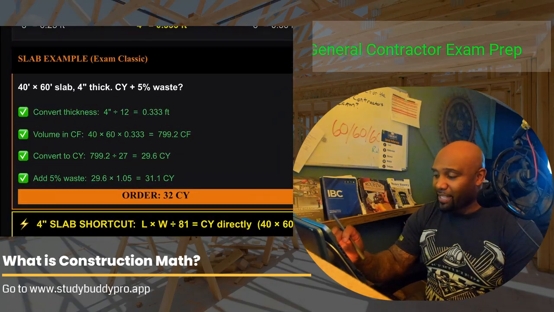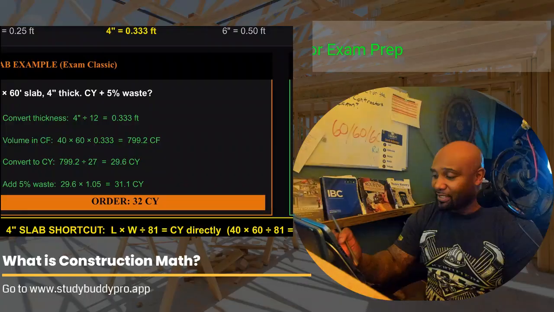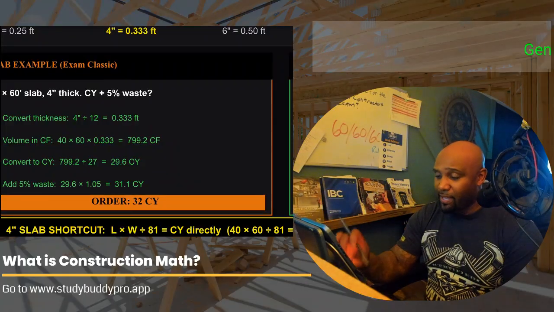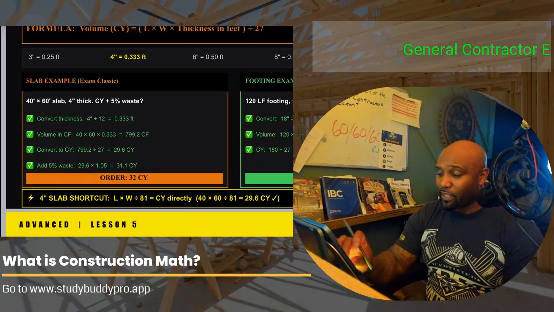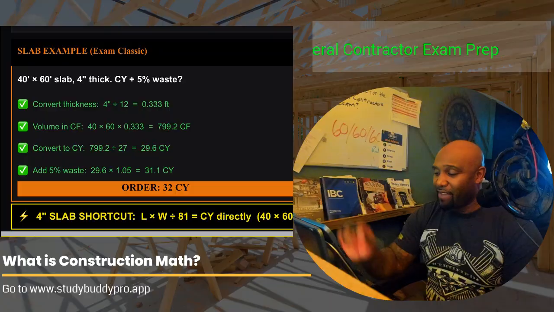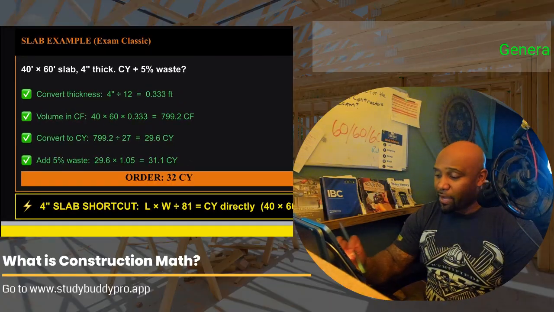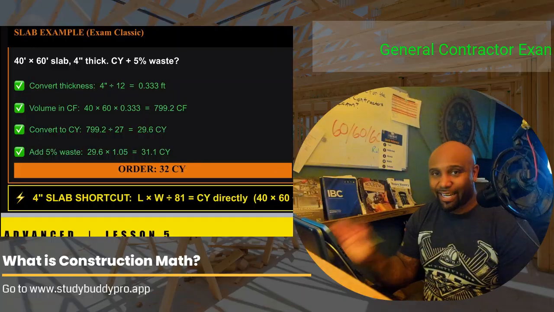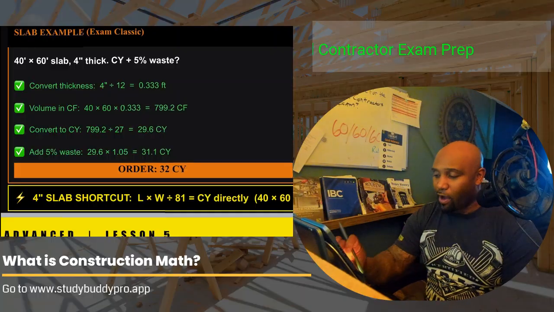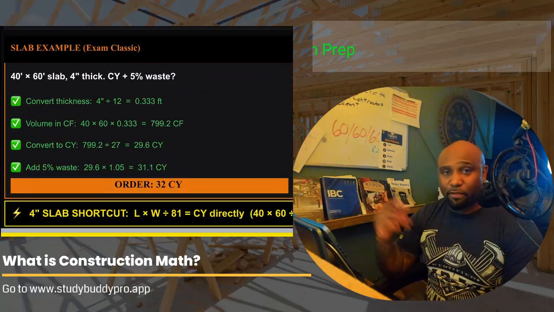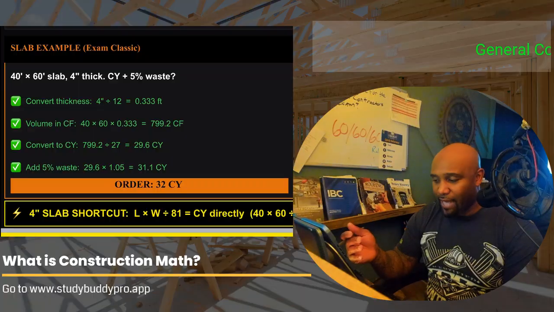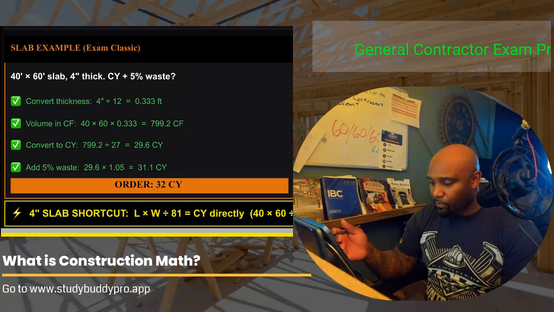That's going to end up being 799.2 cubic feet. And you got to convert that over to yards, so you divide that by 27. That gives you 29.6. And then you add the 5%. Why do we add the 1? Because we're adding in. If we just did 0.05 there, it would only be 5% of what we're trying to multiply.